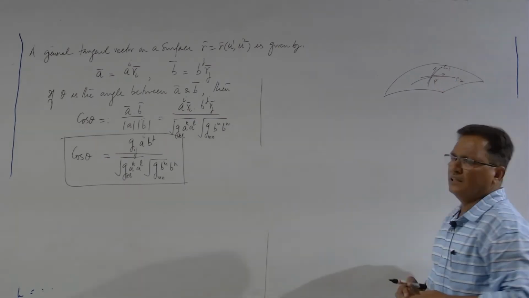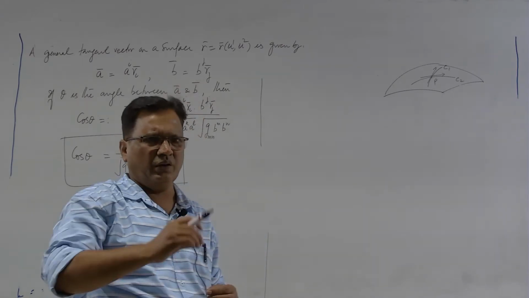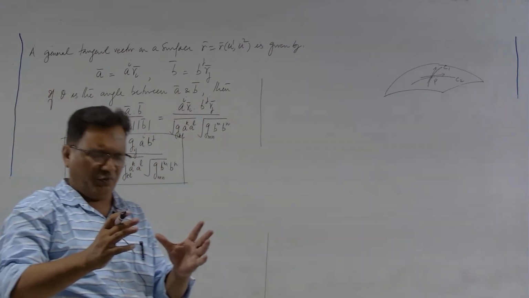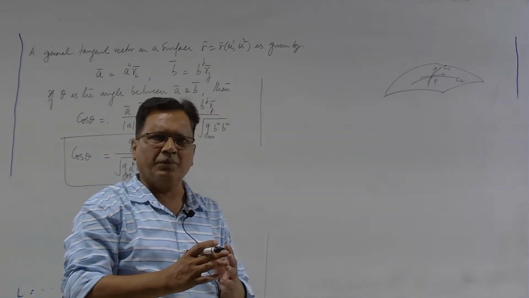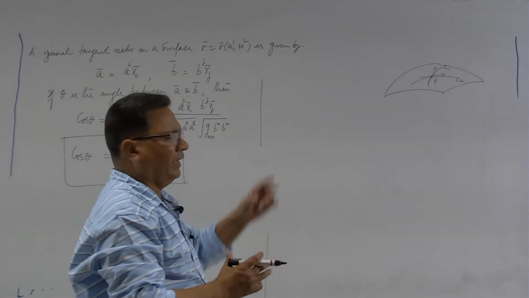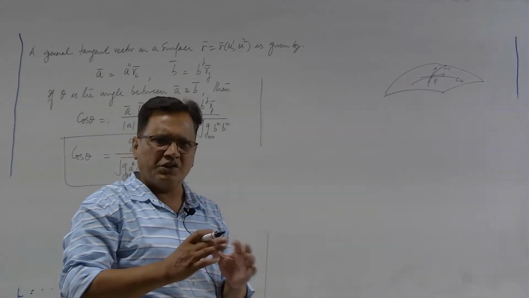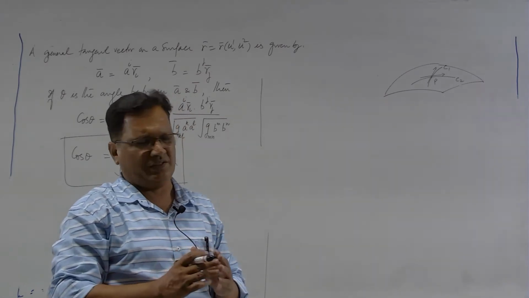Suppose these are the tangent vectors drawn to the curves C1 and C2 at the point of intersection. Now, I have got hold of two tangent vectors. I can compute the angle between them. So, the angle between the two tangents is known as the angle between the two curves. So, this is what we mean by the angle between two curves over a surface.